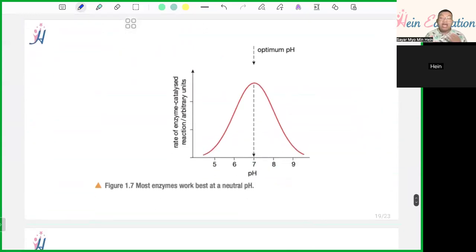For most enzymes in our body, they may work at an optimum pH of 7, but depending on the location, it may change their optimum pH. But what I want to say is that enzymes can only perform at their best at a specific pH. If the pH gets lower, meaning acidic, or if the pH gets higher, meaning alkaline, the enzyme is said to be denatured.